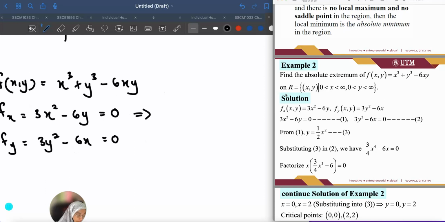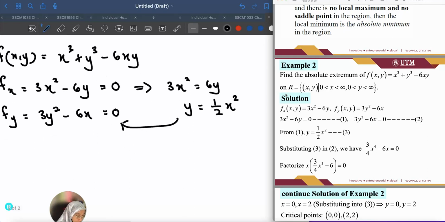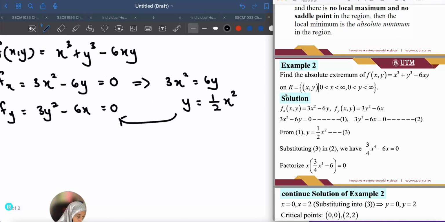So here I start with f_x equal to 0: 3x squared equal to 6y, and I can have y equal to 1 over 2 x squared. Then I substitute the y into the second equation.